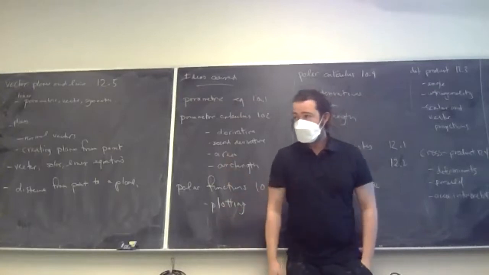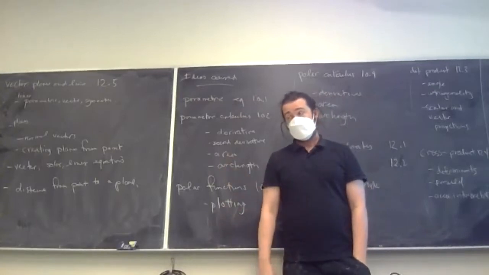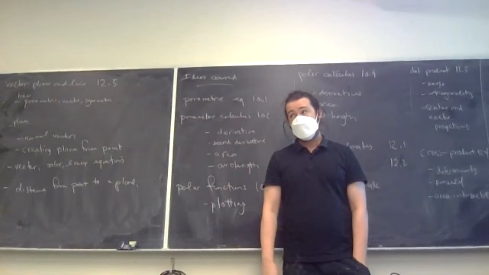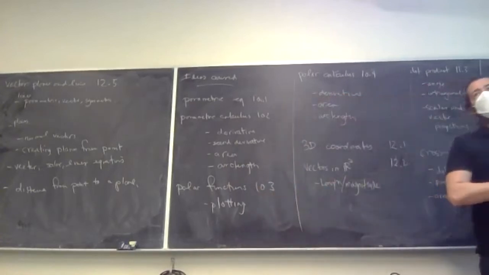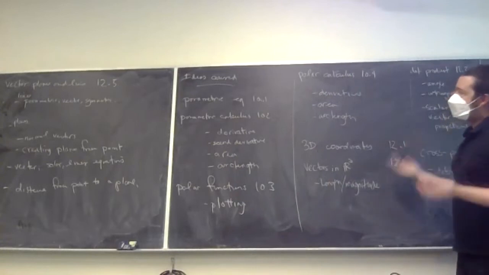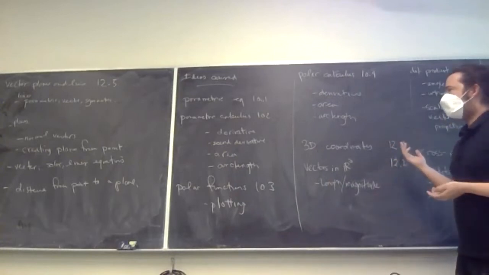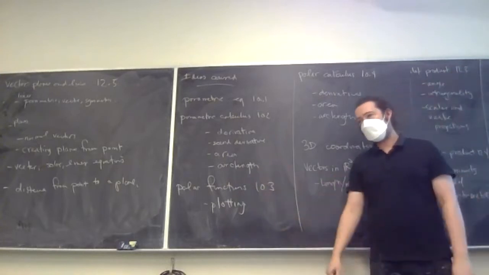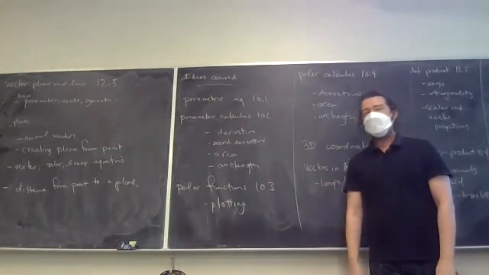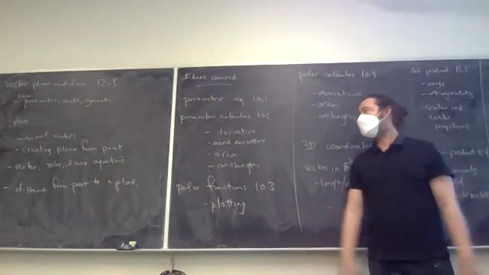Yep. Is it going to be chapter 10 and 12 based, or is it more of one and one? Well, you should think about it not equally. I mean, there were 4 sections of chapter 10 and 5 sections of chapter 12 or something like that. So it's probably going to be about the same. Because I'm going to do a little bit from each.